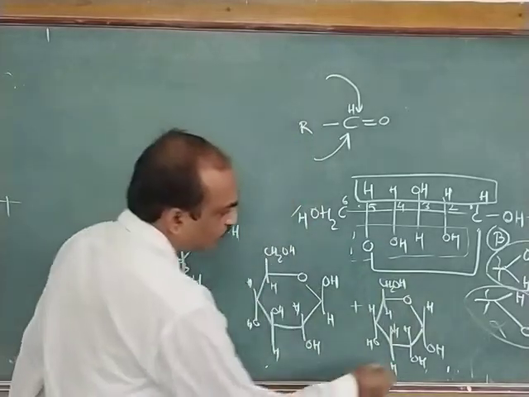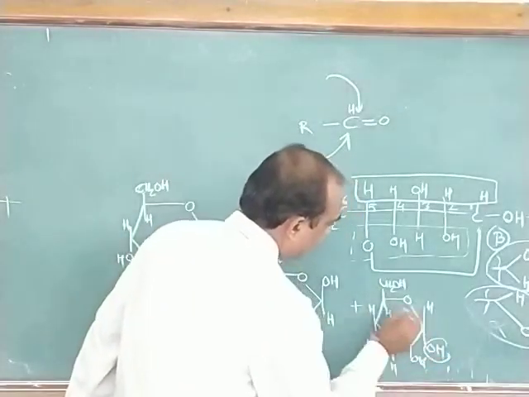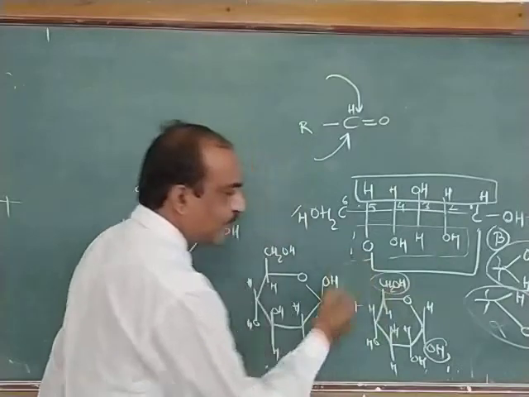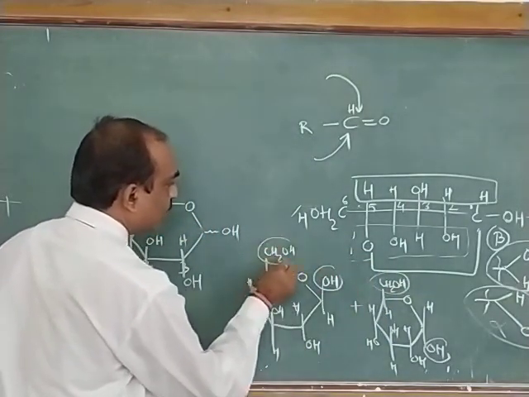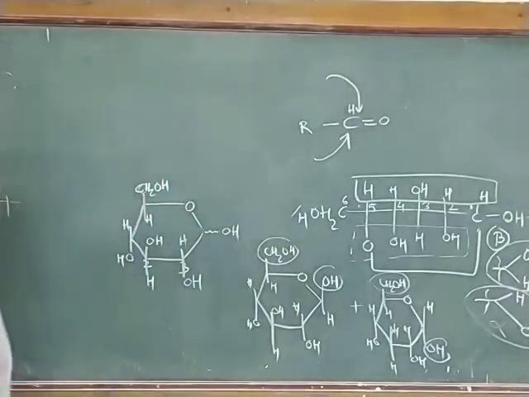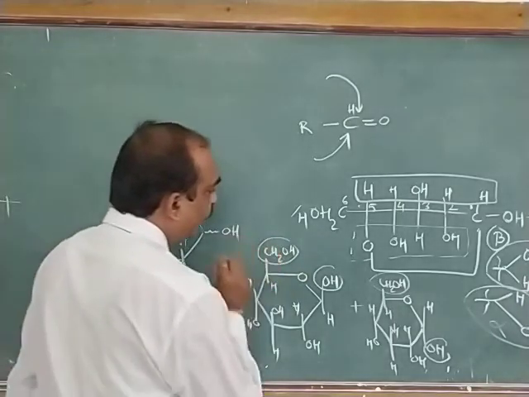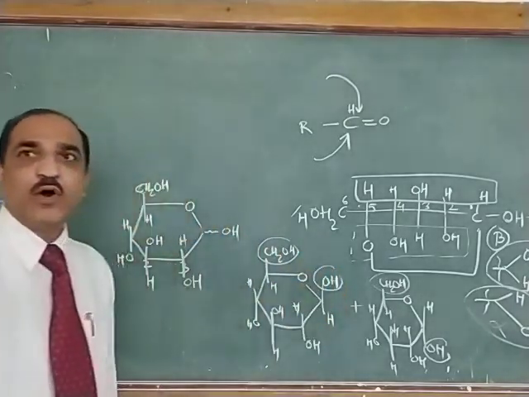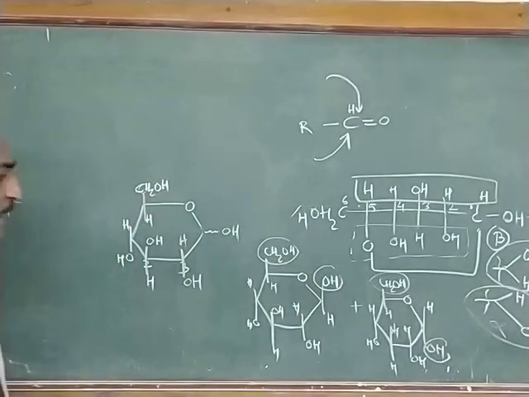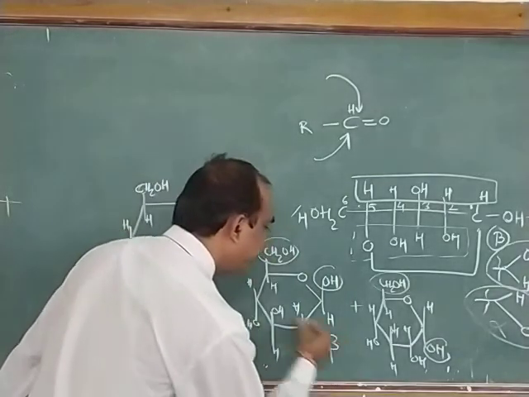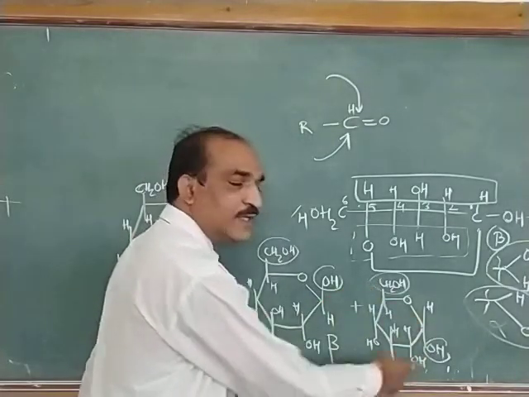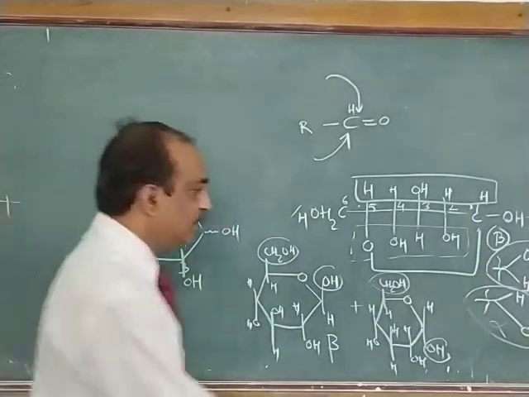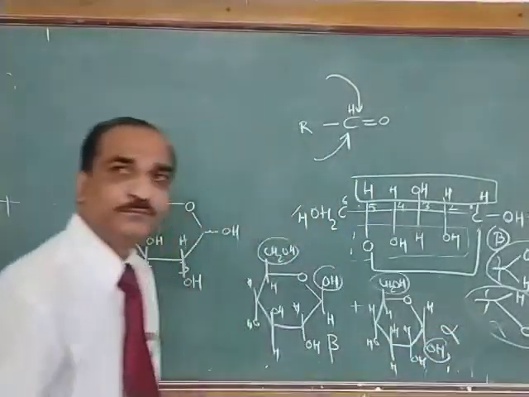See, the hydroxy on this side and CH2OH on this side. Here, the hydroxy on this side and CH2OH on the same side. So, when this CH2OH and this OH are on the same side, then that is beta. If CH2OH and this OH are on the opposite side, then that is alpha.